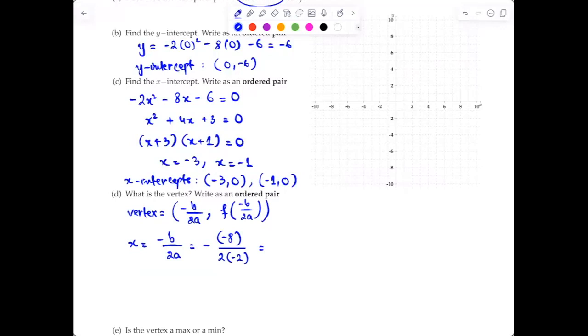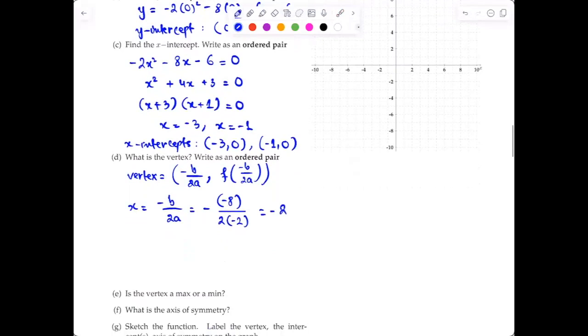Negative 2, yes. The two negatives cancel out, and you're left with the negative in front. So x is equal to negative 2. Good.